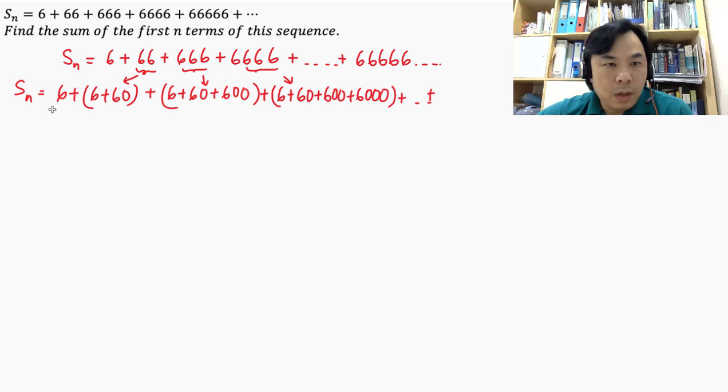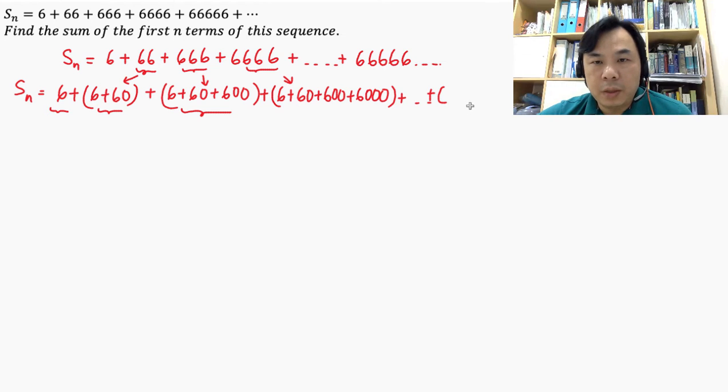You can see that the first bracket has one term, the second one has two terms, the third bracket has three terms. Therefore, when we reach the n-th term here, the numbers in the bracket should have n terms. So it should be the sum of n terms here. I'm going to rewrite that. For instance, 600, until... let me see.